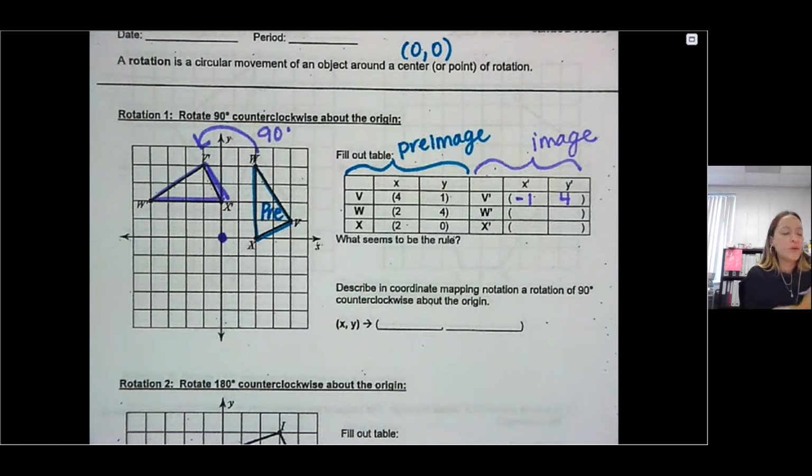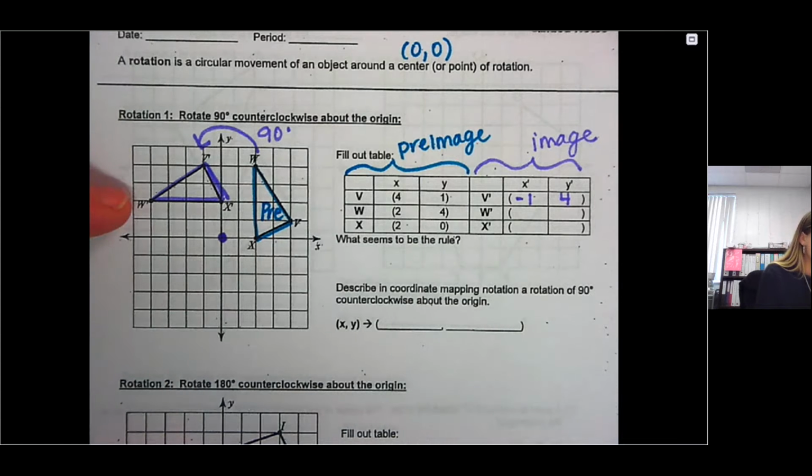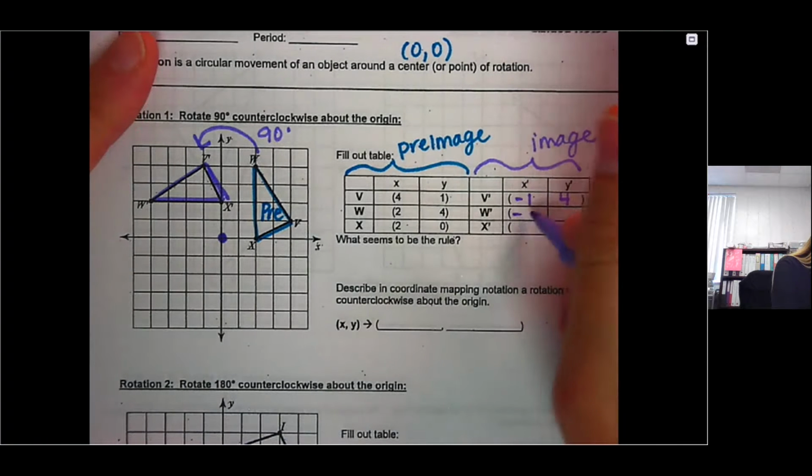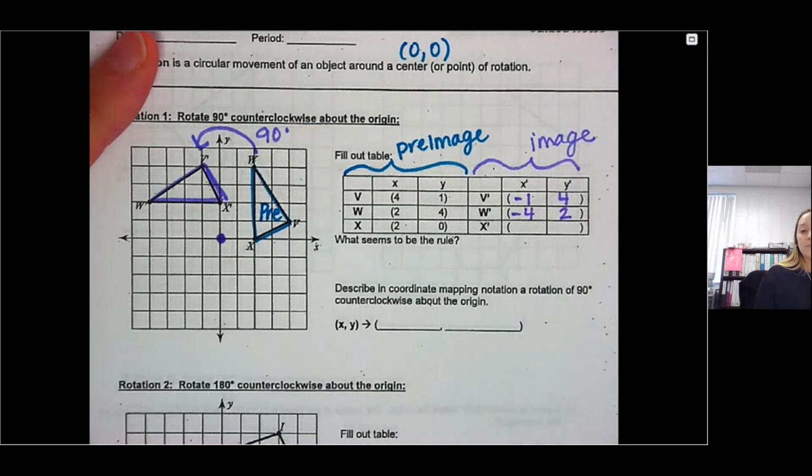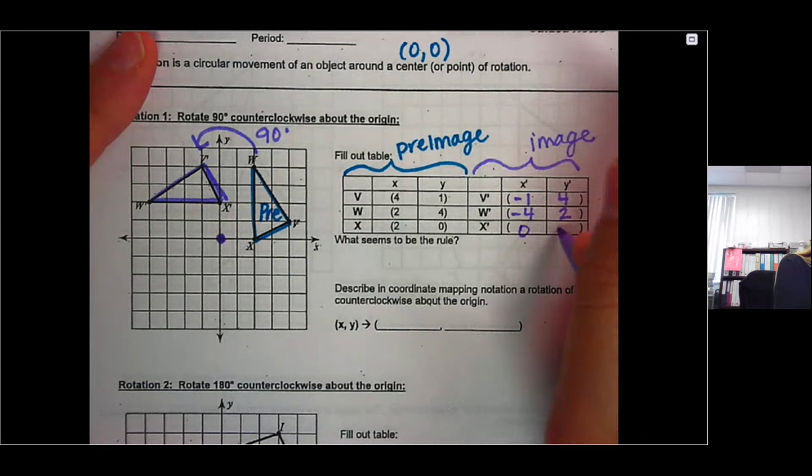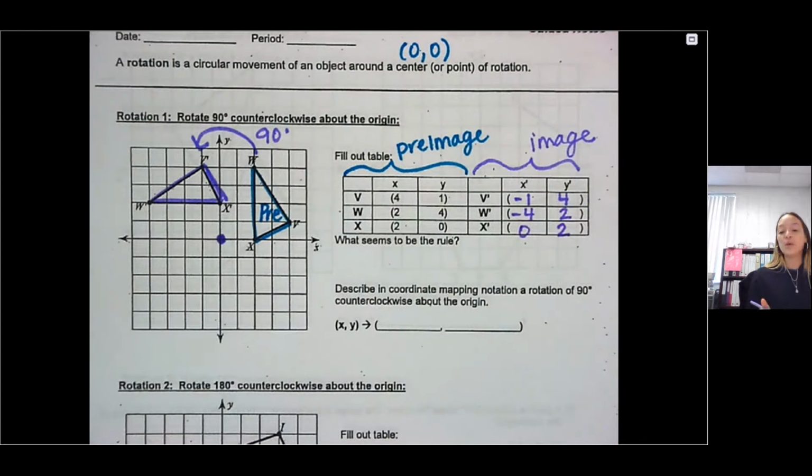Okay, what about W prime all the way over here? -4, 2. And then the last one, X prime, 0, 2. Good.